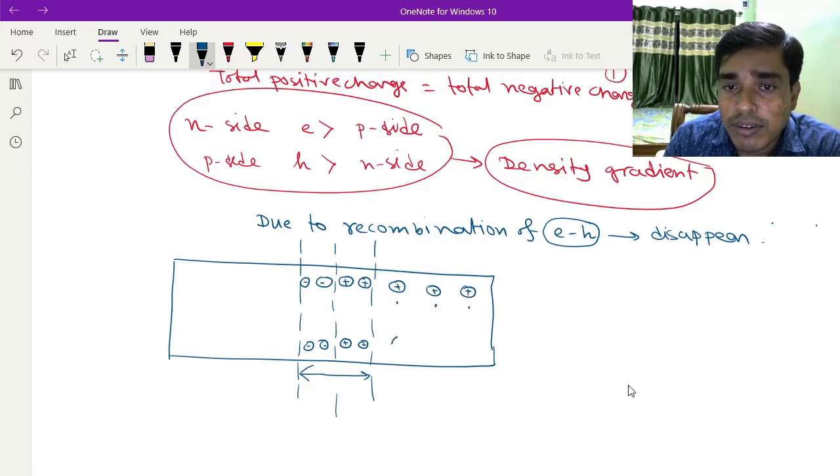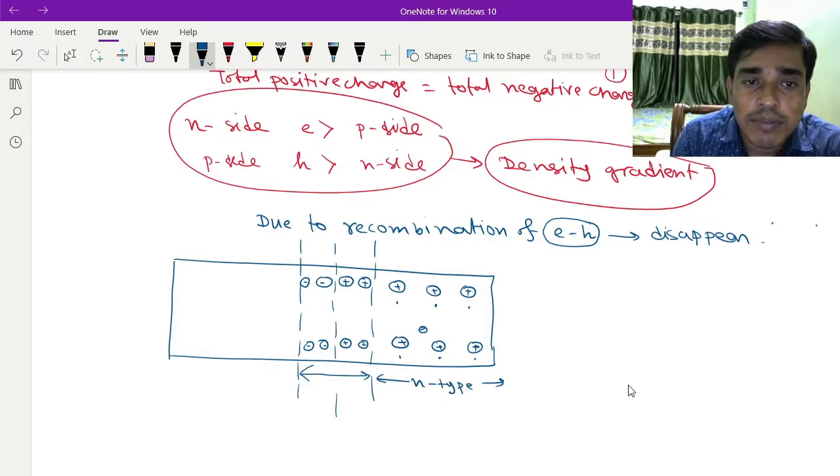Each ion is associated with electrons, some holes. So this is the N type region and this is the P type region.